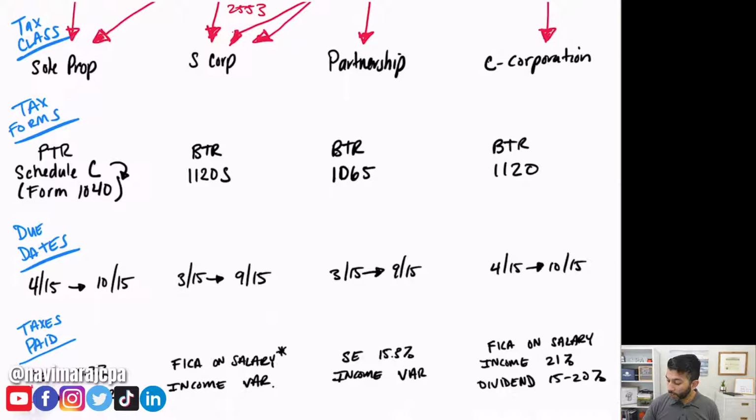Well, in a sole proprietorship, you're going to file your income taxes. You're going to show your 1099 income or your other business income on a Schedule C, okay? Schedule C is part of your personal tax return. That's what PTR stands for here. It's a separate schedule that's included in your individual tax return, which is typically on Form 1040.